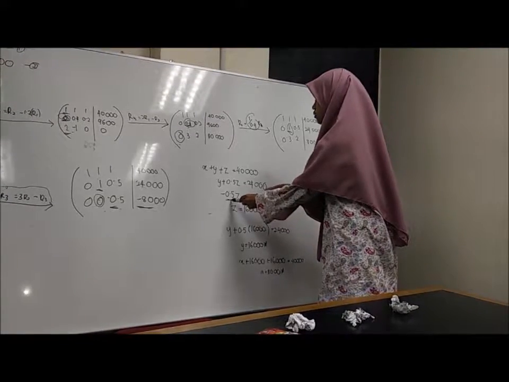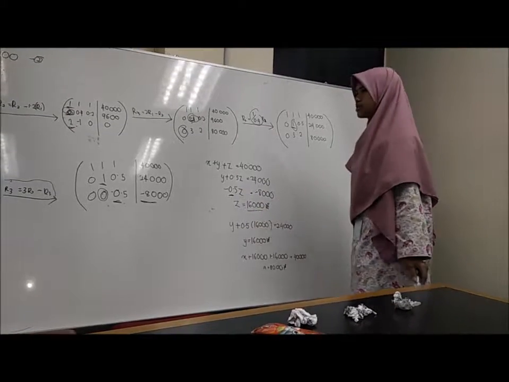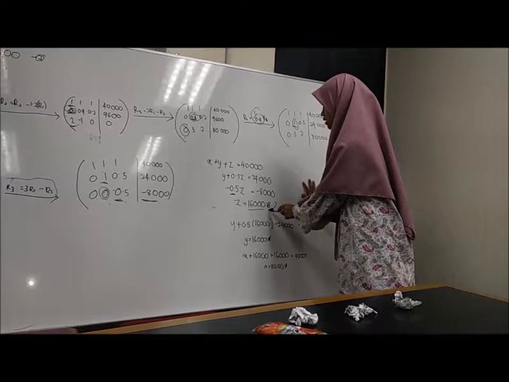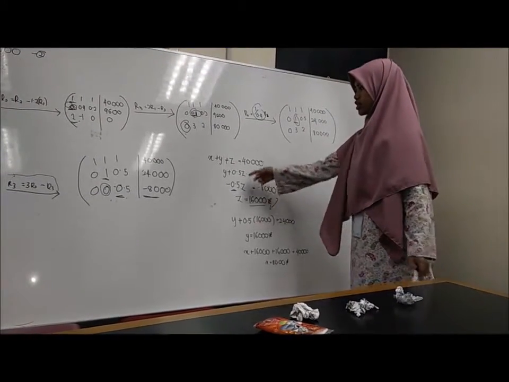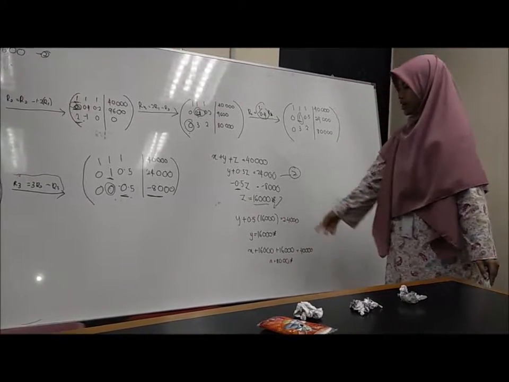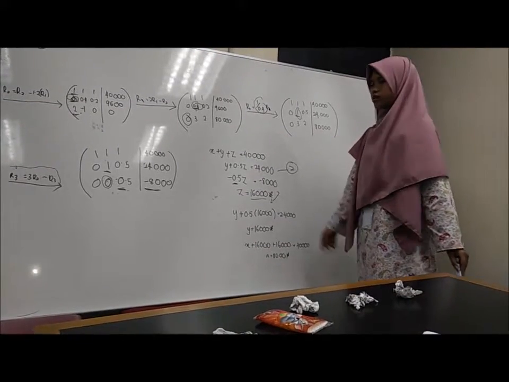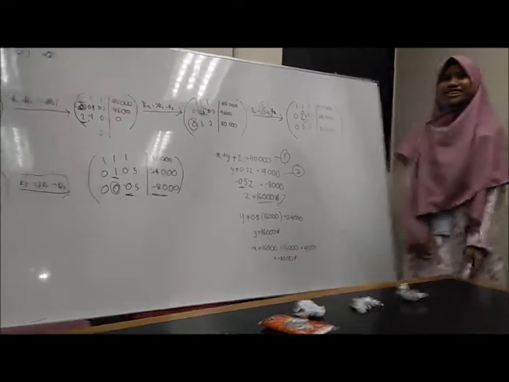Since we know z, we substitute z into equation number 2 to get y, and then substitute y and z into equation number 1. So we know x. Okay, that's all from me. Thank you.